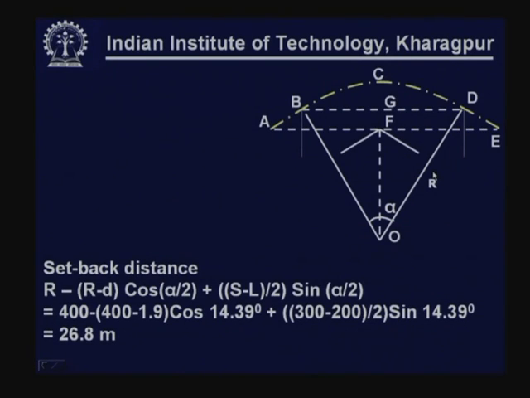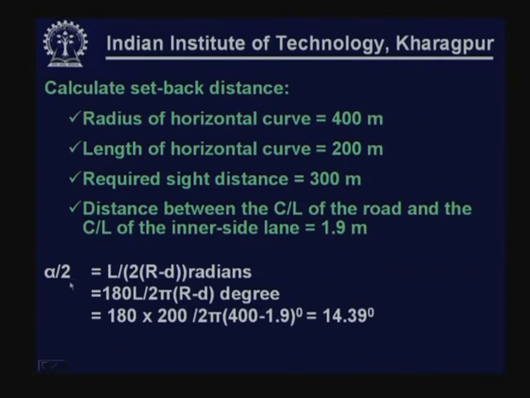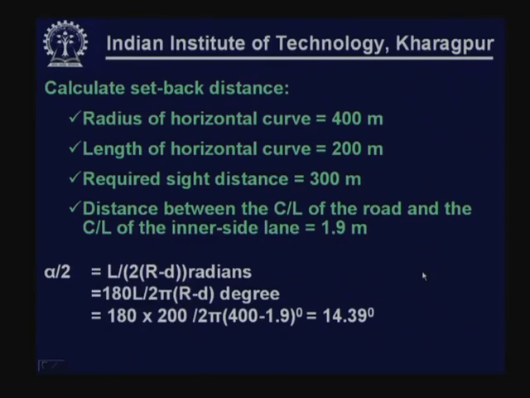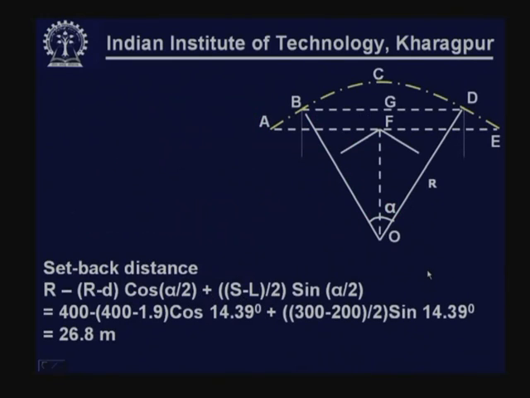So, in this case, alpha by 2 can be considered as 180 L by 2 pi r minus t, and it is calculated as 14.39. Next, in this case, the setback distance is nothing but Cf.